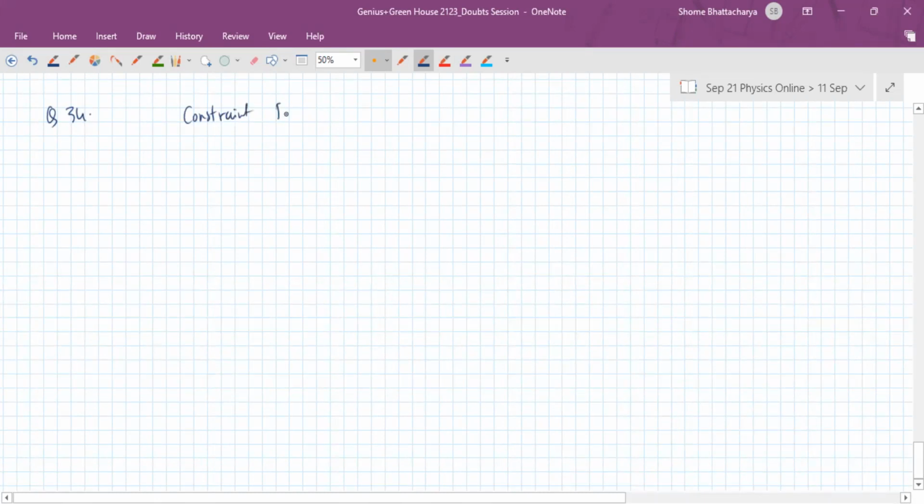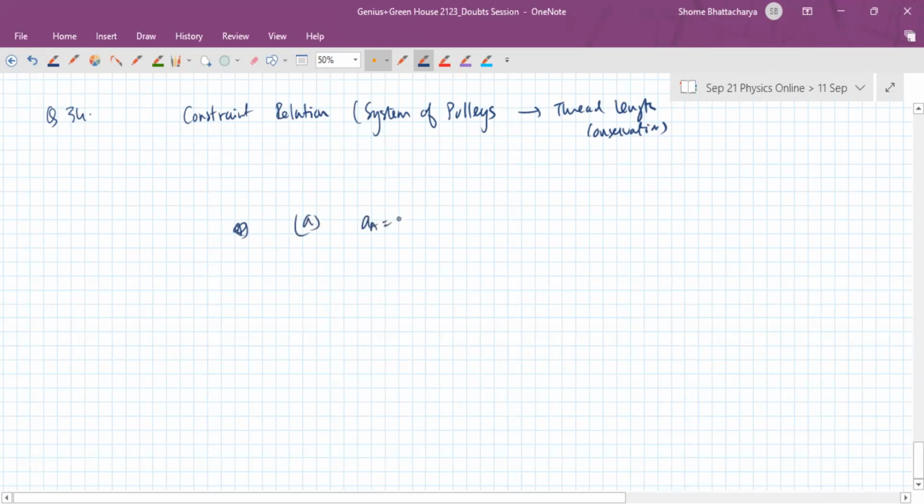I'm just giving you the constraint relation and you can try it yourself later, because there is a system of pulleys. So apply thread length conservation. When you apply that, in the first part, for example, you'll get the constraint relation that the acceleration of A should be twice in magnitude the acceleration of B. Try to figure out yourself how this constraint relation comes.